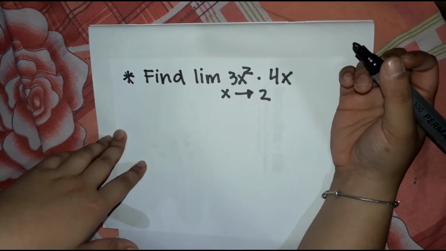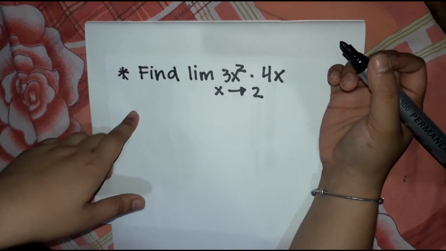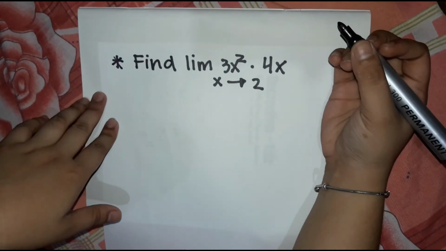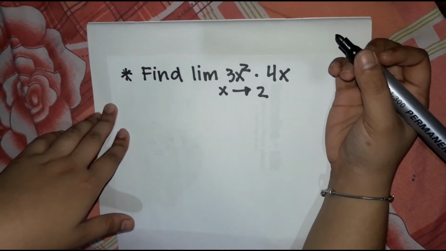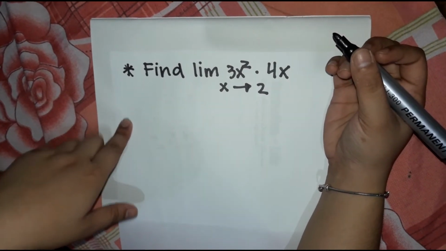We first use limit number 5 and then limit number 3 on the two new functions. We substitute the value of a, which is 2, into the limit of x squared and the limit of x.